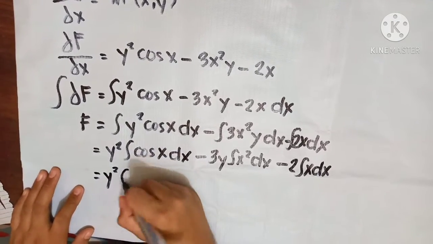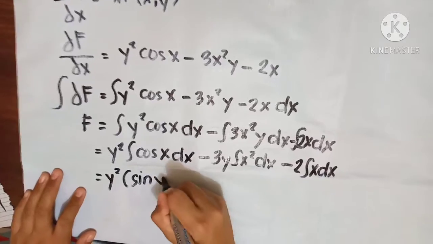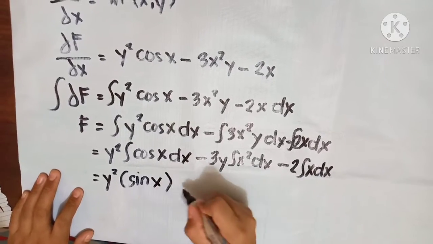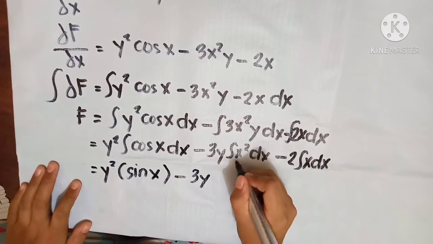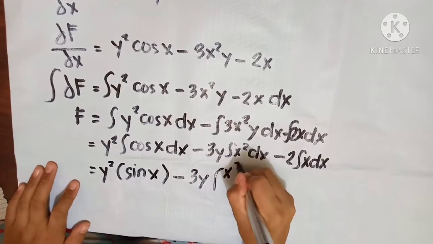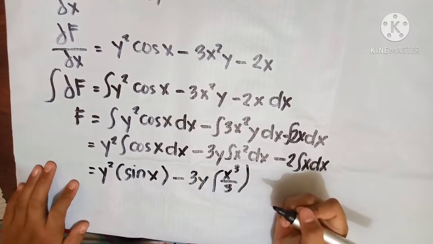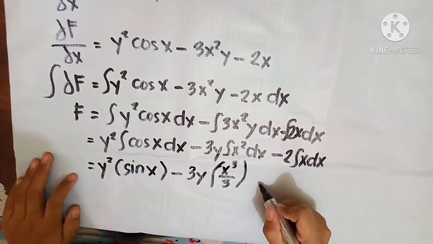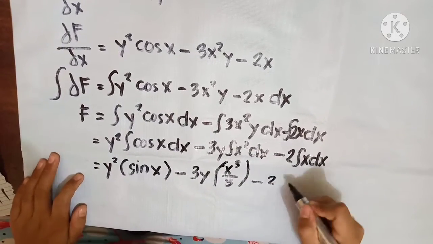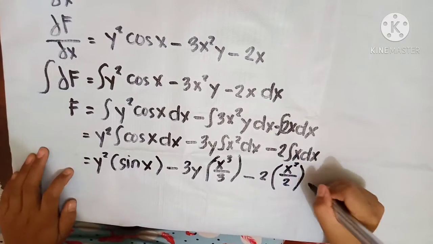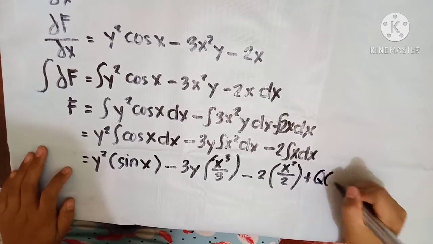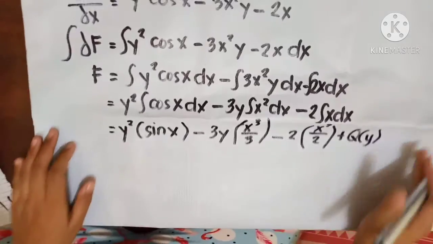Integration of cosine x is sine x, minus 3y, integration of x squared is x cubed over 3, minus 2 integration of x is x squared over 2, plus q of y.